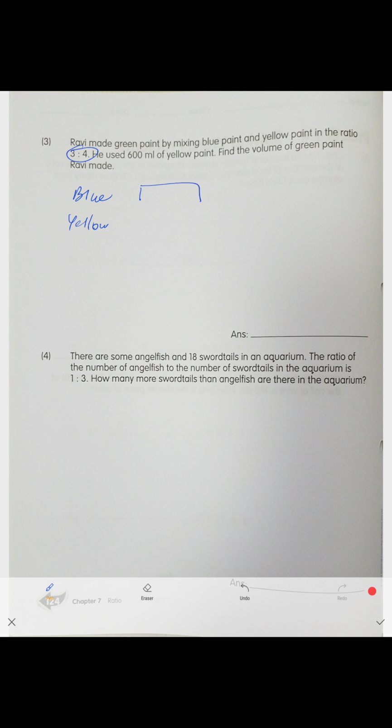So we have 3 units of blue and we have 4 units of yellow, right? And we know that yellow is 600 milliliters of yellow paint, right? And they are asking us how much green we got. So how much total we got?